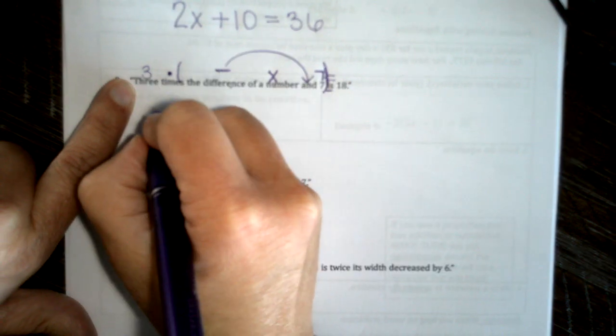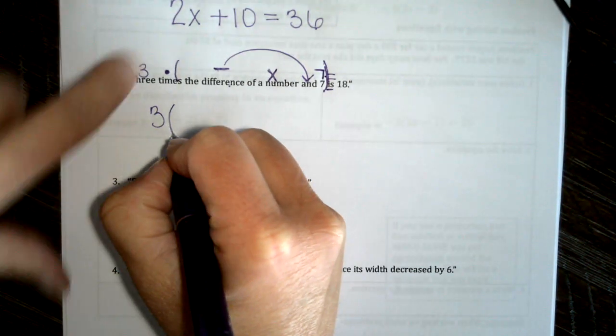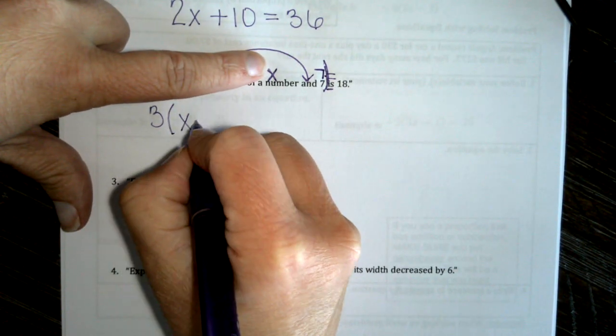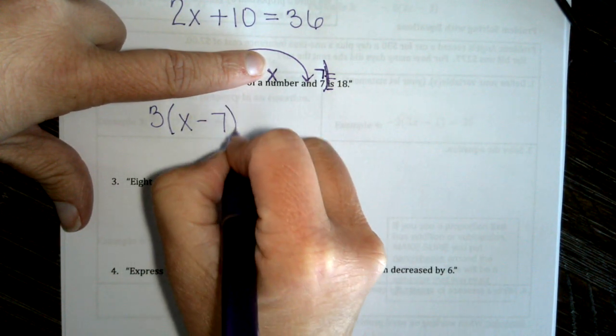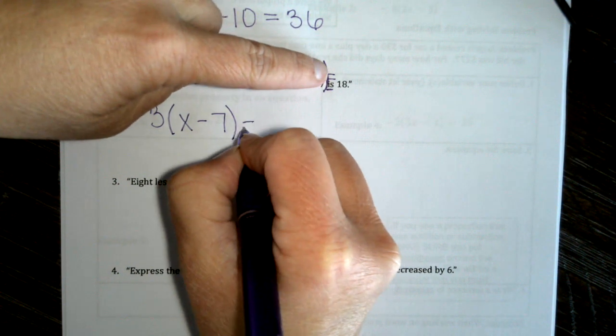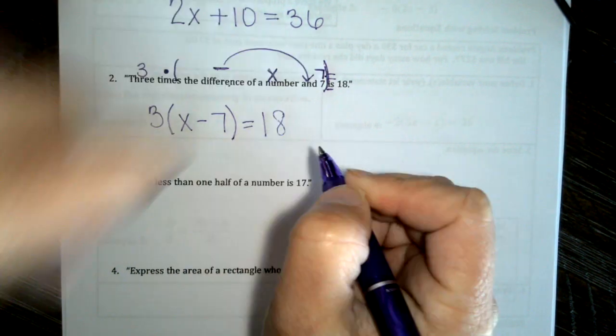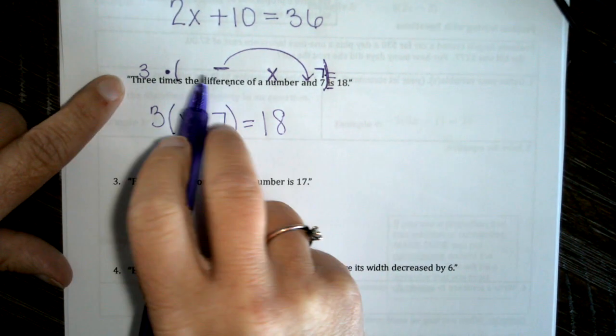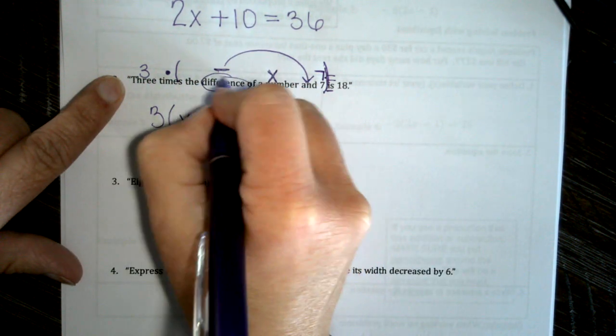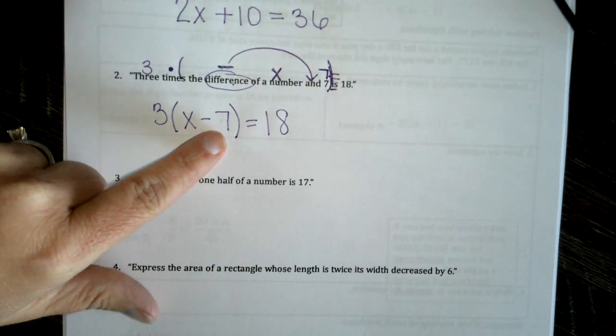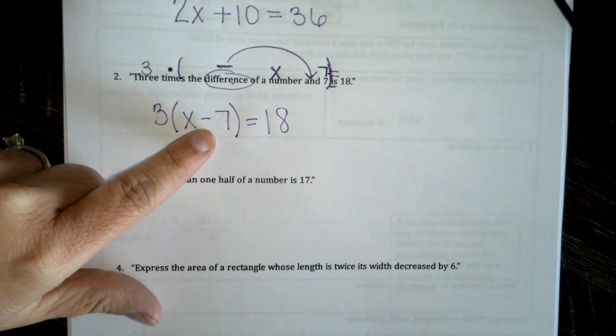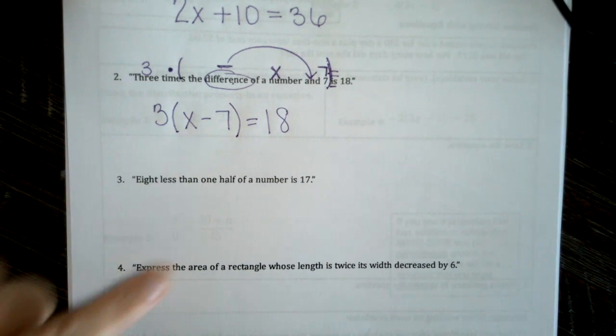So here we go. We've got 3 parenthesis x minus 7, closing your parenthesis, is 18. So it's 3 times the answer. That's the difference of all of this. That's why we had to use the parentheses there.